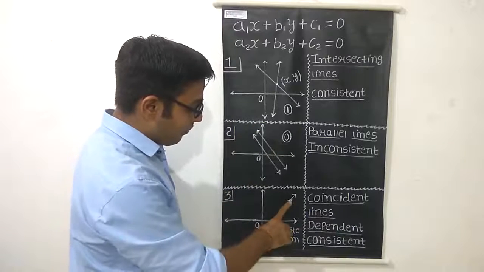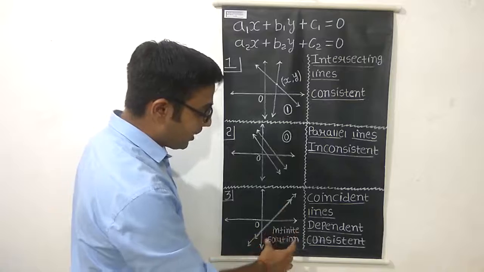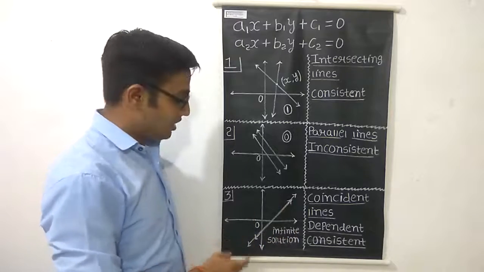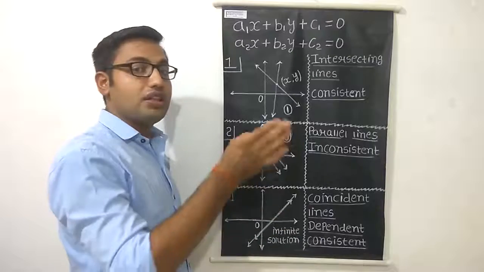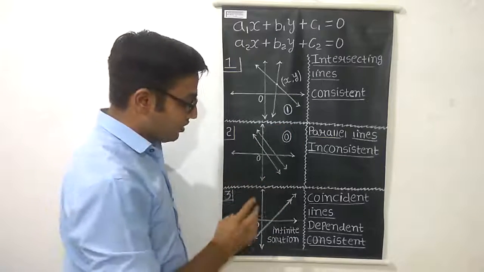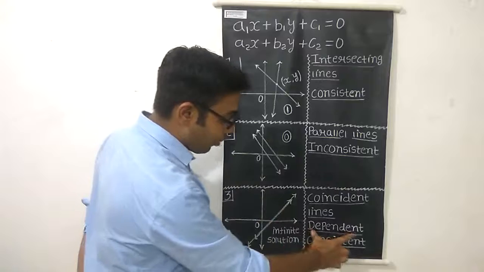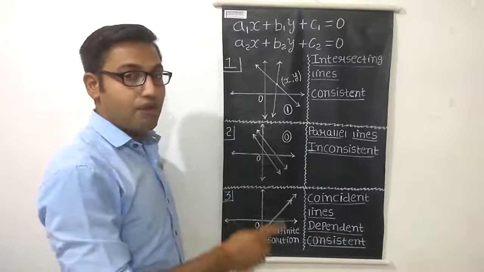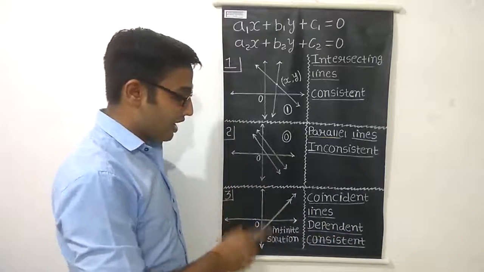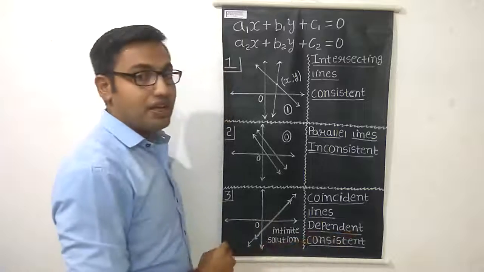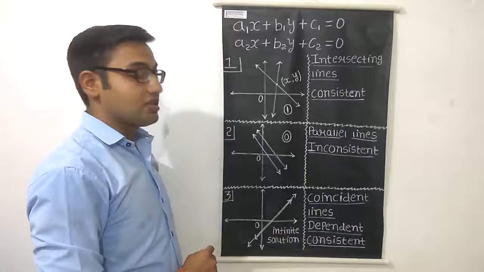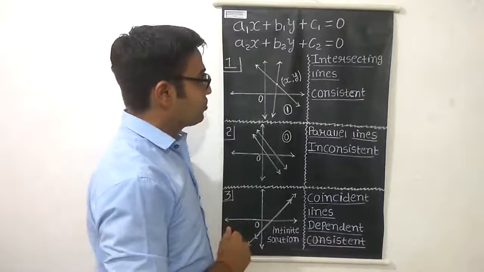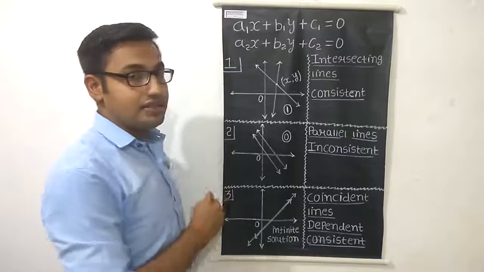And this type of lines have infinite solutions. That means every point on the first line is on the second line, right? So this type of lines are called dependent pair of linear equations, right? And dependent pair of linear equations are also consistent pair of linear equations, right? So these are the three cases.